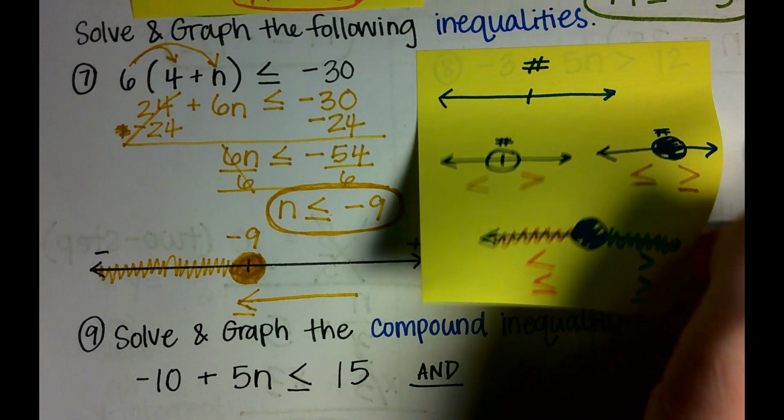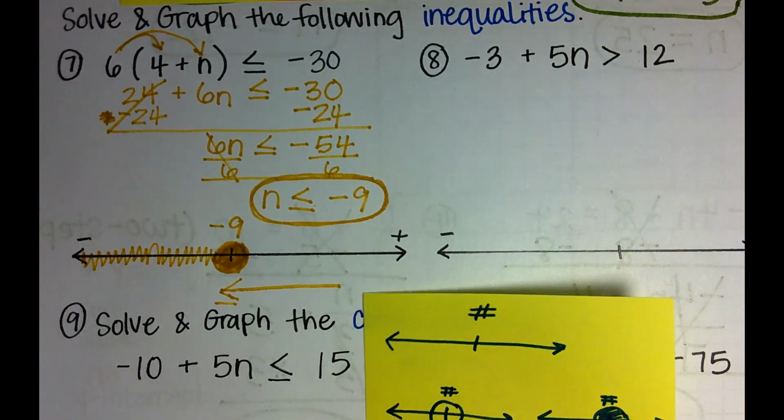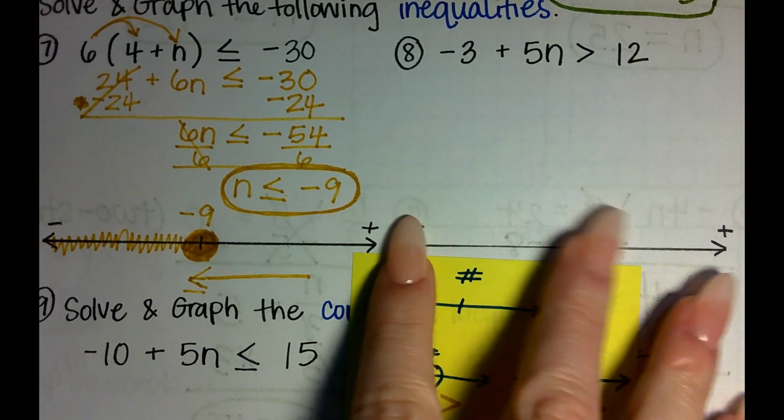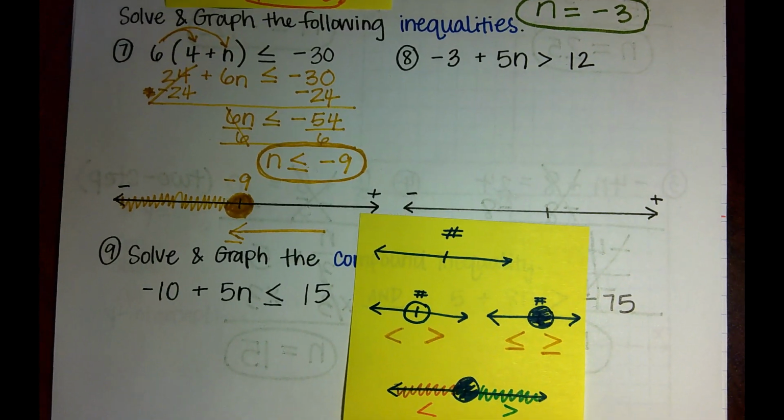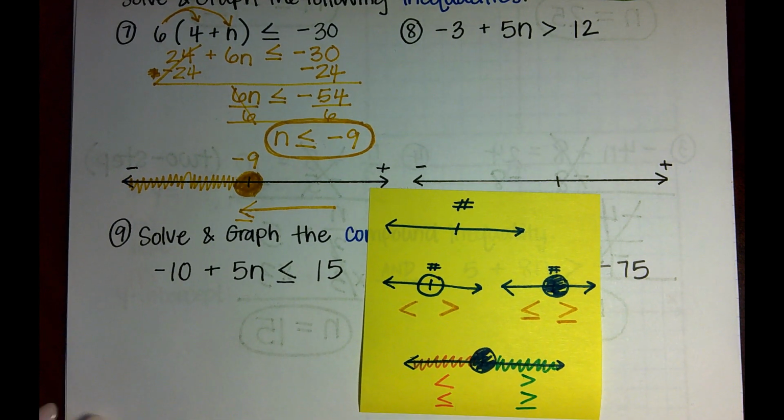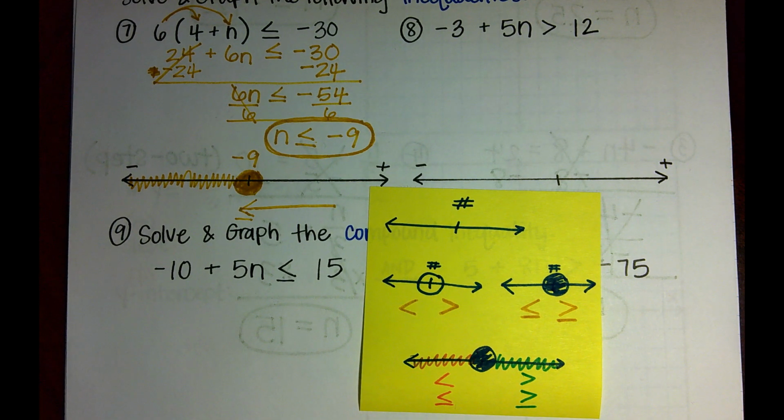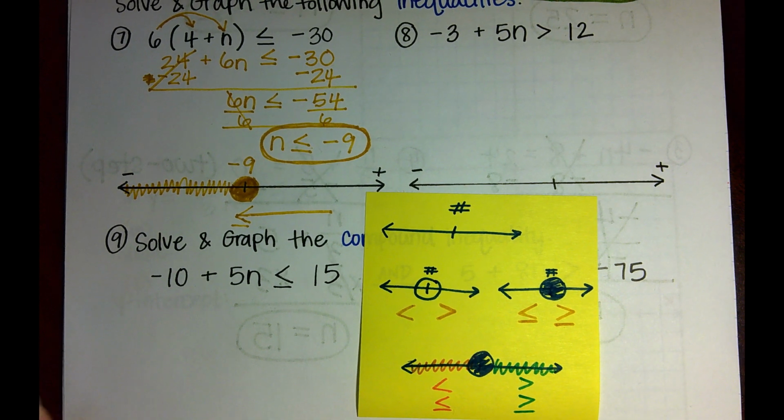Okay, so that would be the graph for number 7. Do we have any questions about that one? Okay. All right, can we look at number 8, or does anyone still need more time?